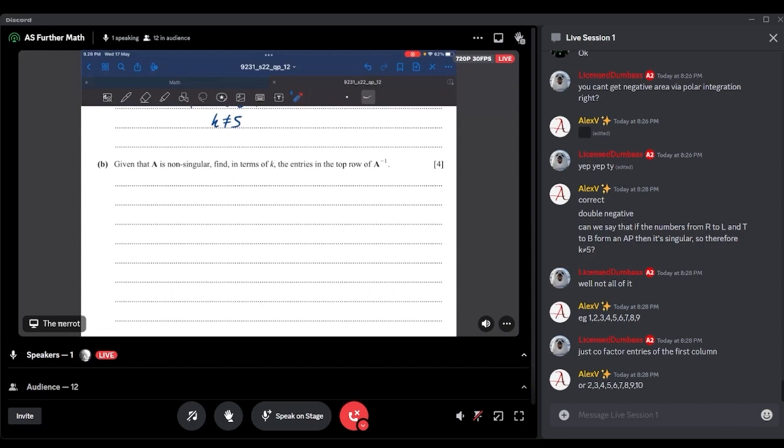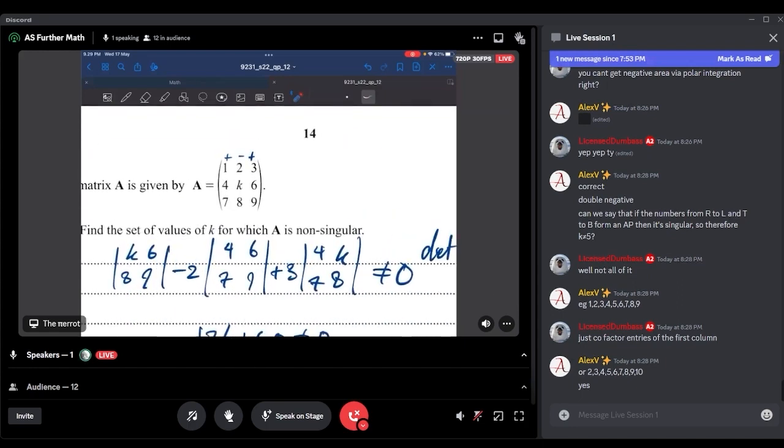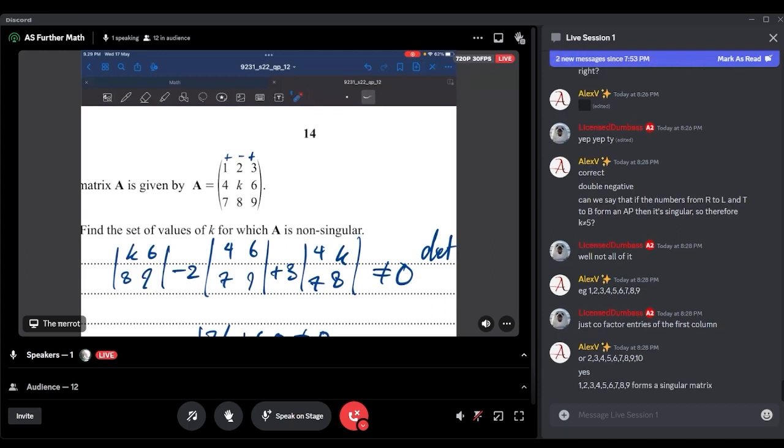Right to left, top to bottom: 3, 2, 1, 6, k, 4, 9, 8, 7. Or 1, 2, 3, 4, 5, 6, 7, 8, 9 forms a singular matrix.